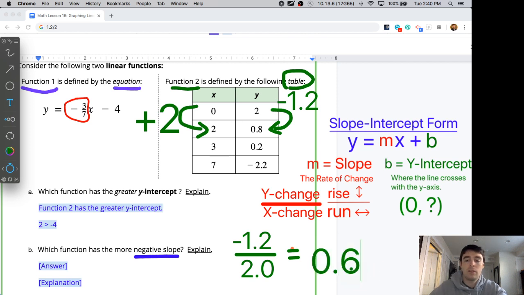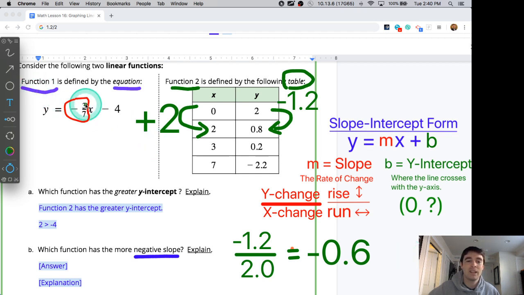And recall, this is going to be a negative 0.6 because we had a negative 1.2 divided by a positive 2.0. And if I do negative 3 over 7, I know that 3 over 6 would be a half. So I know negative 3 over 7 is ultimately going to be less than 0.6. If it's going to be less than that, but they're negative numbers, this gets a little bit tricky.